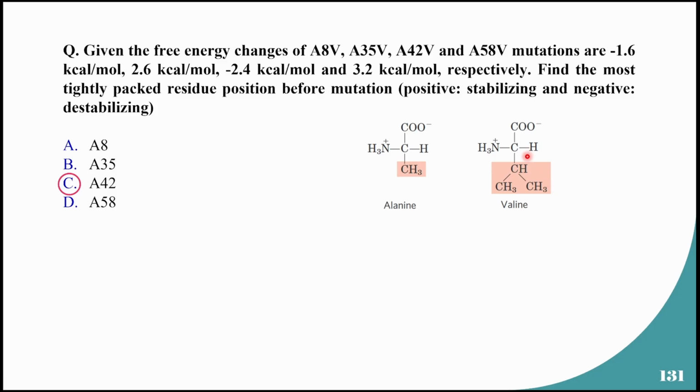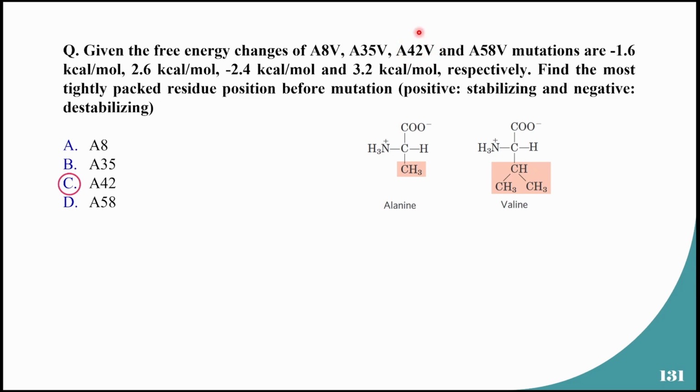So for a side chain increasing mutation, you saw that the most negative value earlier, which was for the alanine 42 to valine case, so the 42nd position, basically, would have indicated the most tightly packed position, because alanine to valine is a volume increasing mutation, so a negative value means a destabilizing scenario. So the most destabilizing scenario will be the most tightly packed position, because that will cause more steric hindrance, right?